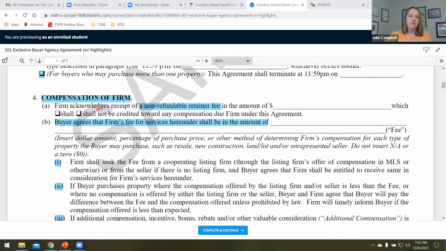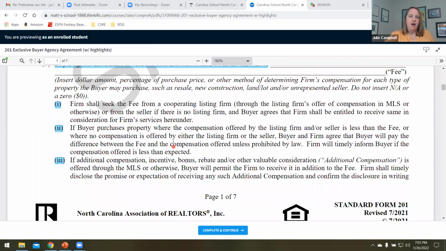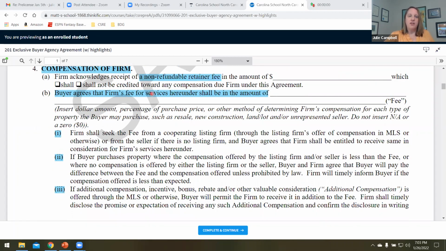Here's our compensation. Firm acknowledges, remember we talked about the retainer fee the other day. So if you're going to collect a retainer fee, you can fill that in here. Buyer agrees that firm's fee is paid under the following conditions.